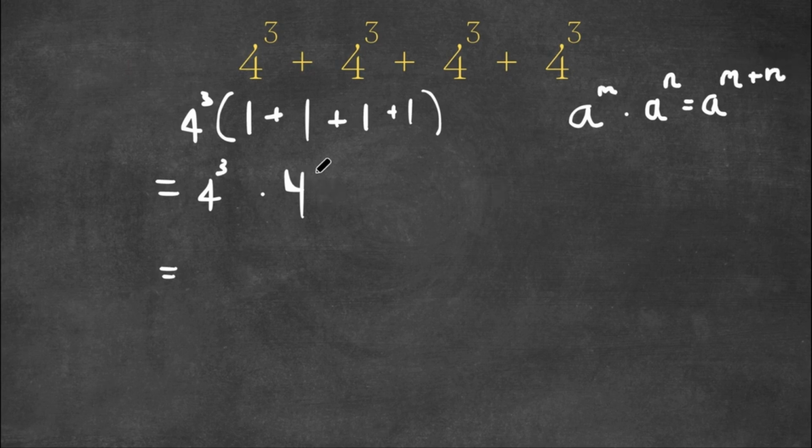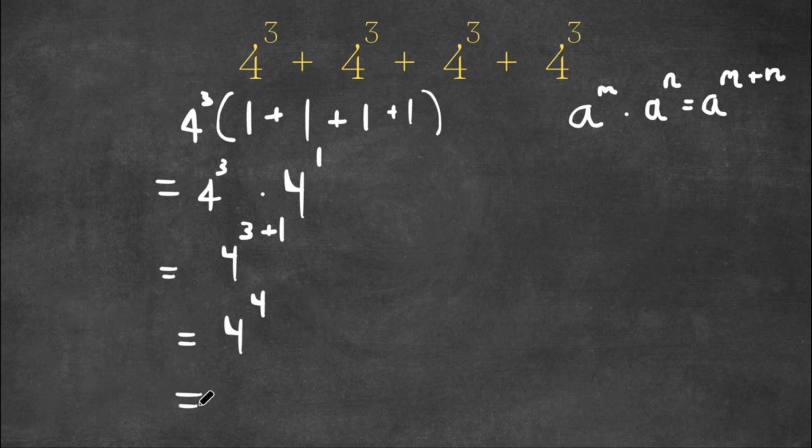So we can think of 4 as 4 to the power of 1. So 4 to the power of 3 times 4 to the power of 1 would equal 4 to the power of 3 plus 1. And 3 plus 1 is 4, so this would equal 4 to the power of 4.